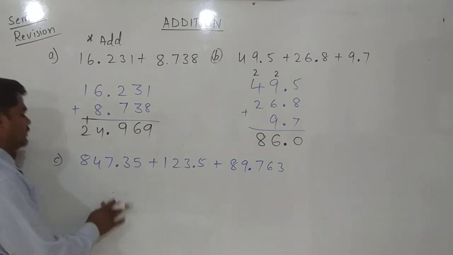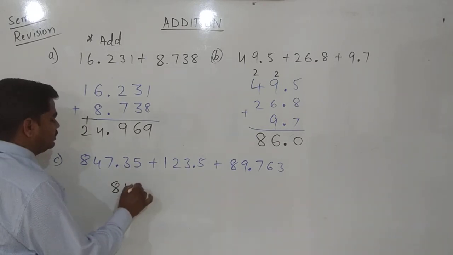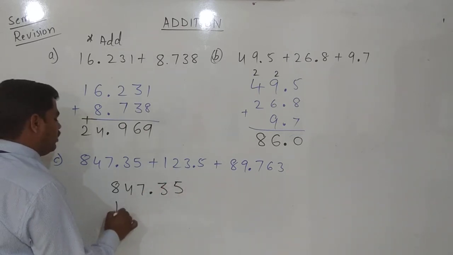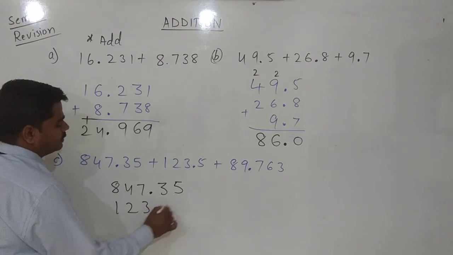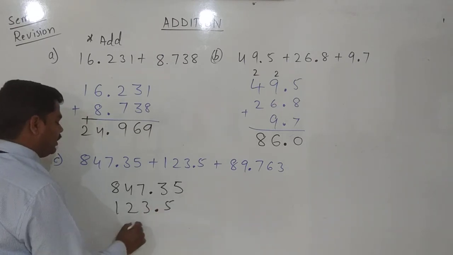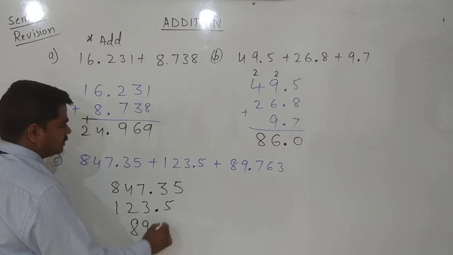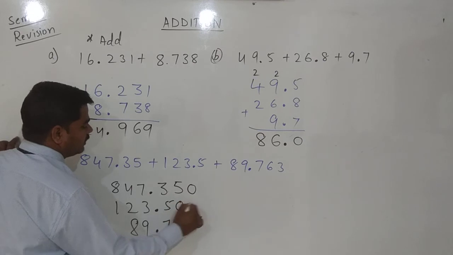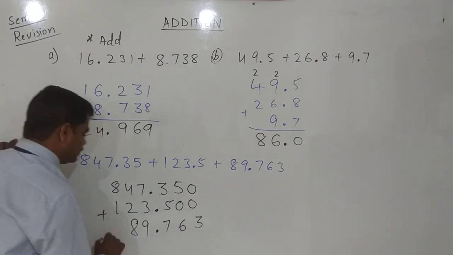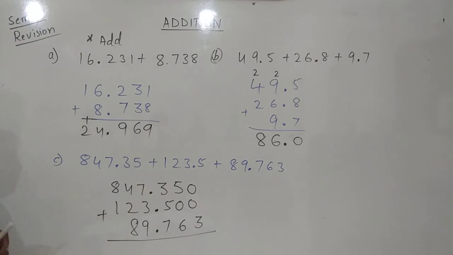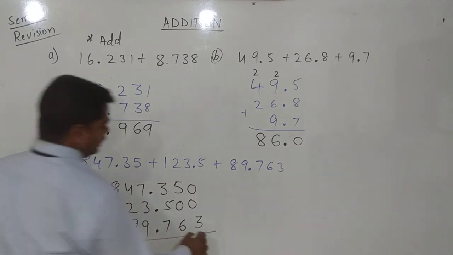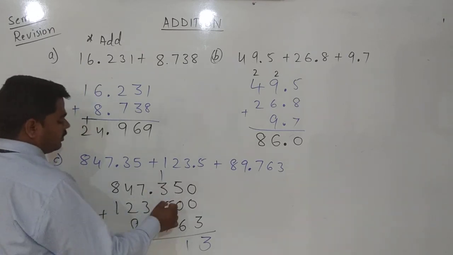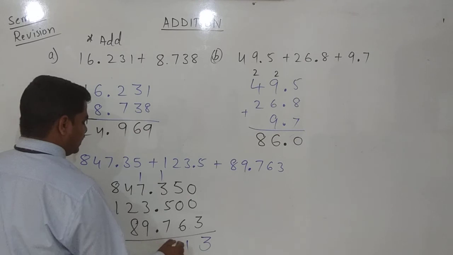Arrange this in a column. 847.35, then 123.5, then one more, 89.763. For this one we take a 0, here 2 zeros, there is no change in the value, and we can add it. 0 plus 0 plus 3, it is 3. 5 plus 0 plus 6, 11. 4 plus 9 plus 7 plus 1, 16.